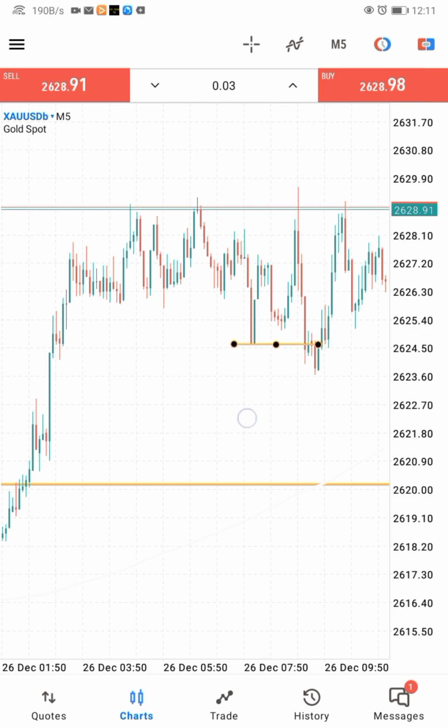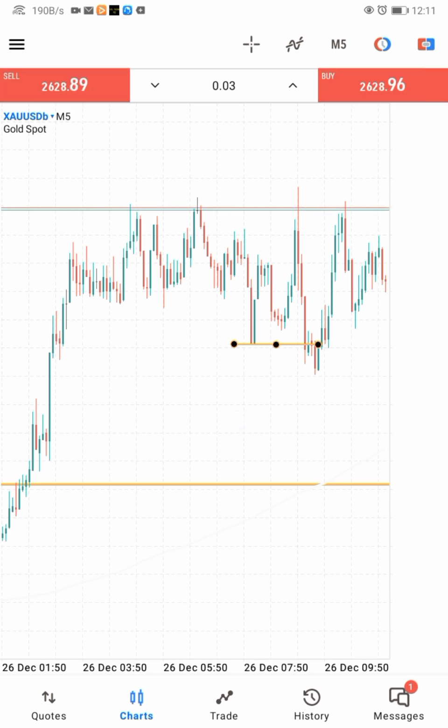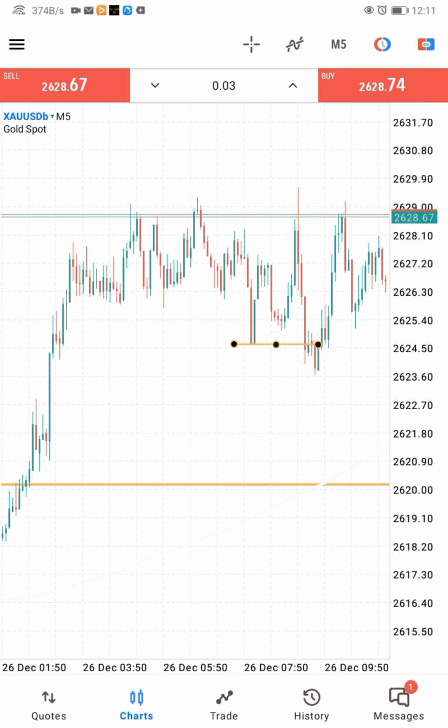Around 8 o'clock was when I was expecting my entry. The market created a high right there, and it created a low right here. But what happened is the market comes down and closed below this low.